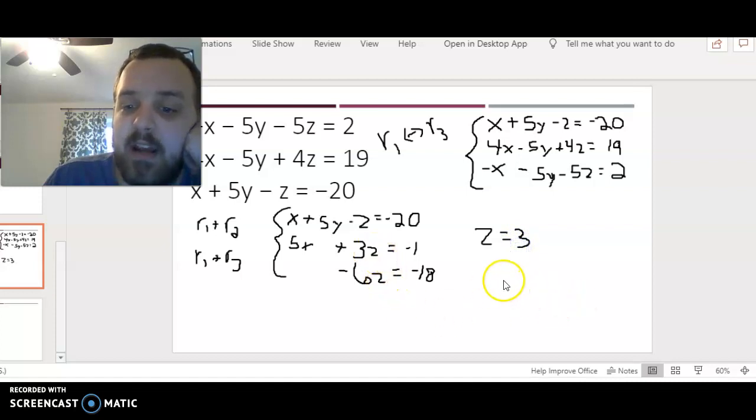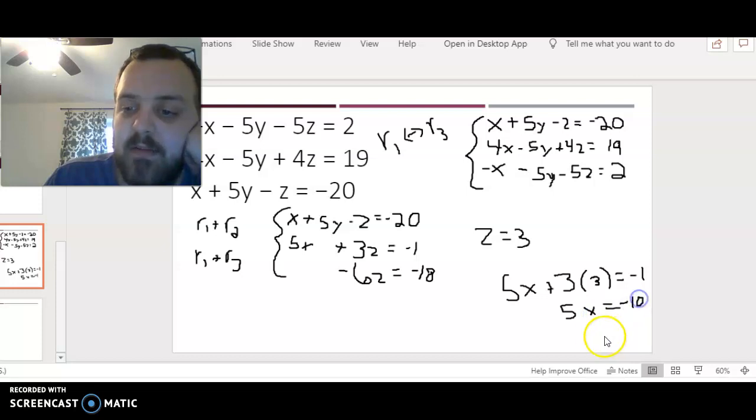I can plug that in here, so I get 5x plus 3 times 3 equals negative 1. If I do 3 times 3, I get 9. Subtract that, I'll get 5x equals negative 10, which means that x will equal negative 2.